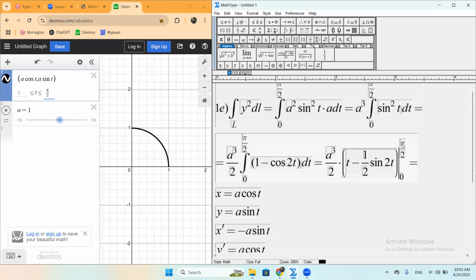If I substitute p over 2 and 0 into sine of 2t, I will receive 0. What is interesting for us is only t. So I substitute p over 2 and I have the following result: a cube p divided by 4. And that's it.